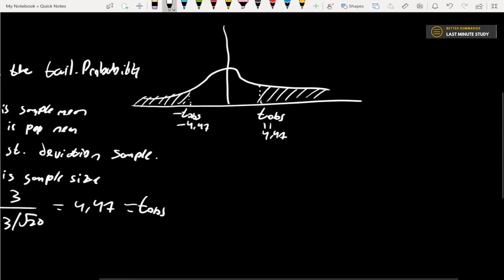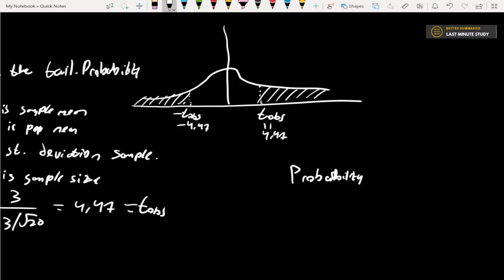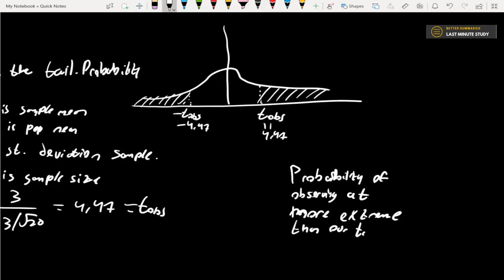Yes. So the p-value is the probability of observing a t more extreme than our t observed, right?